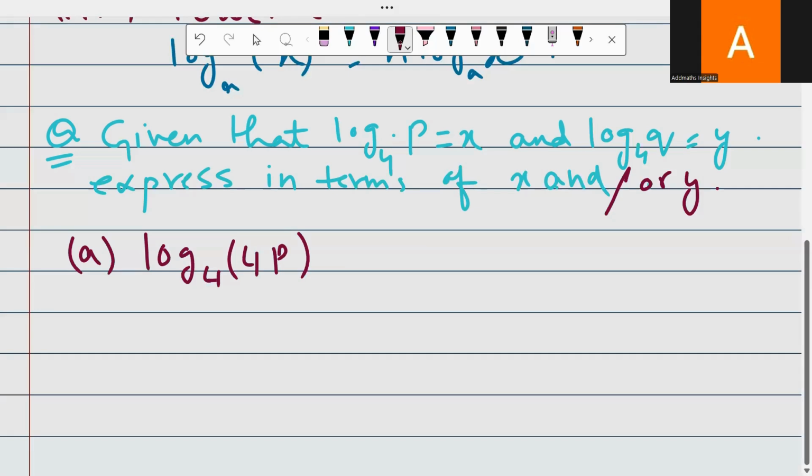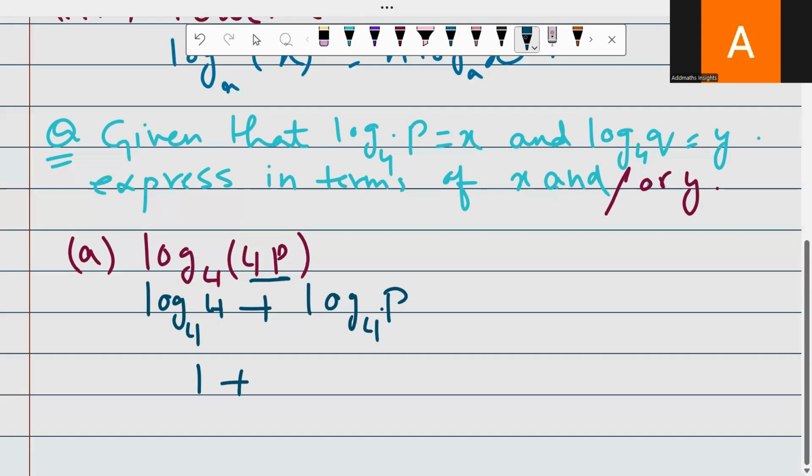First you identify the law. You see that it represents multiplication of two terms, so we apply the first law and write log with base 4 of 4 plus log 4 of p, because multiplication changes into addition when you separate it. You know log 4 of 4 is 1, so you can write 1 plus log 4 p.